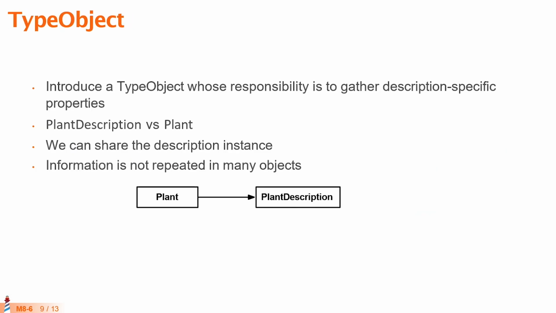So the idea is to introduce the concept of TypeObject. In TypeObject, we are going to describe in a single object the description of our initial object. For example, we are going to separate the plant and its plant description. We are going to have two different objects.